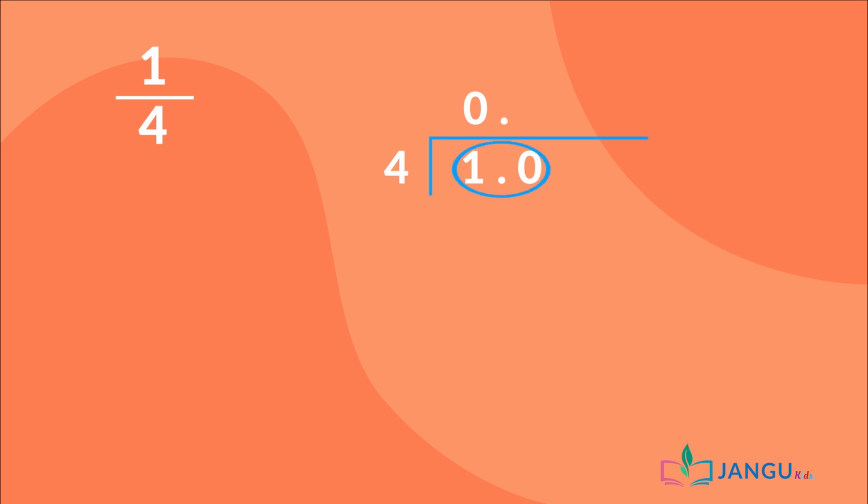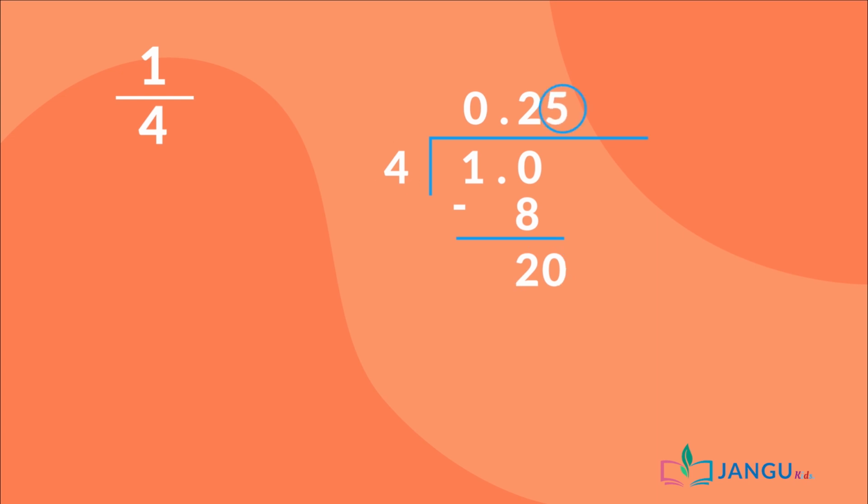Next, we divide 10 by 4, which is 2. Then we multiply 4 by 2, which is 8. We subtract 8 from 10, which gives us 2. Since 2 is greater than 0, we keep dividing by adding a 0 to 2. 20 divided by 4 is 5.